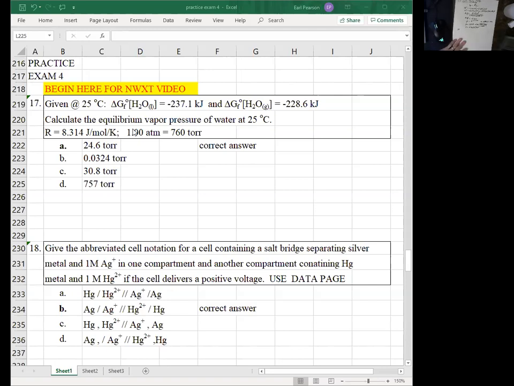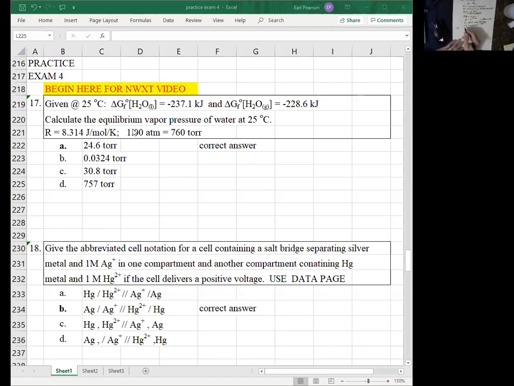Number 18 says, give the abbreviated cell notation for a cell containing a salt bridge separating silver metal from 1 molar silver ion in one compartment and another containing mercury metal and mercury +2 ion concentration of 1 molar, if the cell delivers a positive voltage.